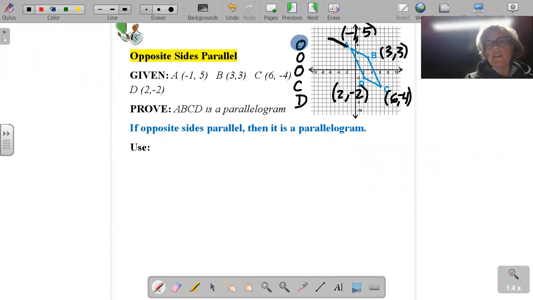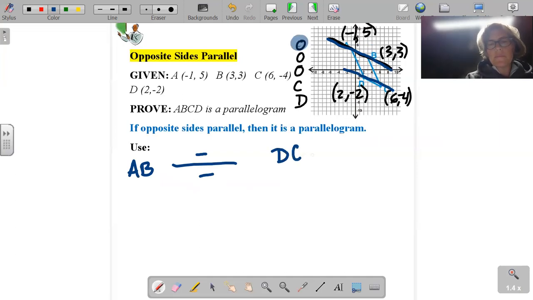We're going to find the slope of, let me get some colors here so it's easy, AB. I'm going to just set everything up so it goes faster. And DC. And then I'm going to find the slope of AD.